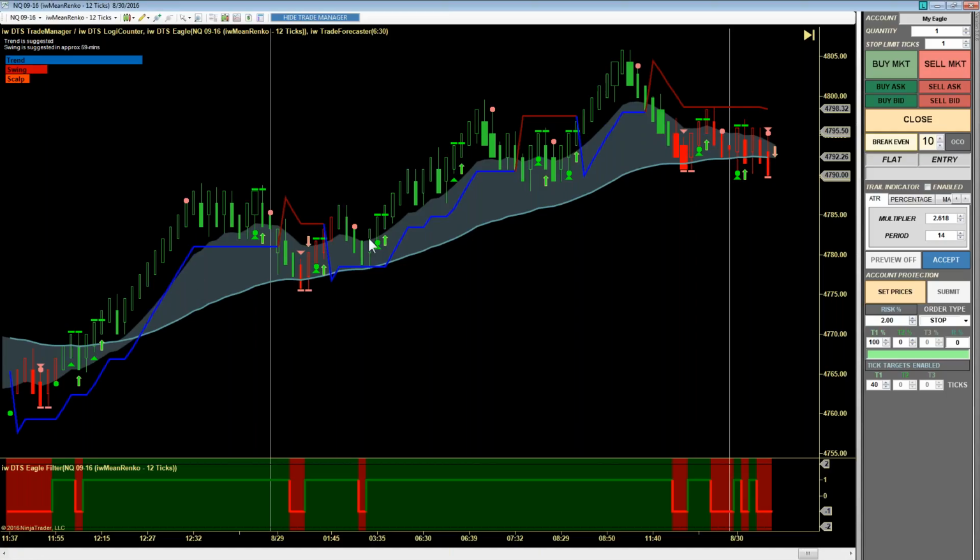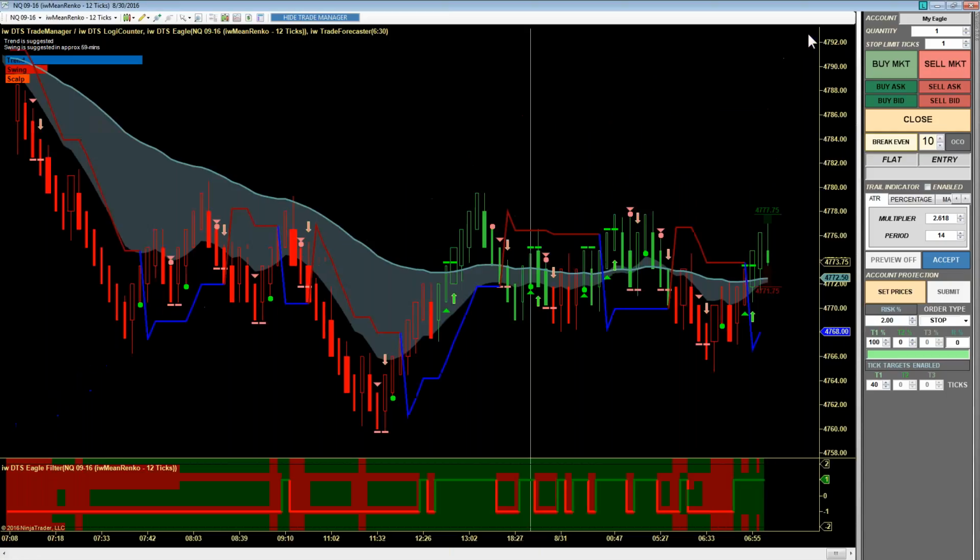But this band gives us our directionality, and then we look for actions to the hard edge of the trading band. This signal that you see right here, this red bar with a buy signal, that's actually one of our high probability signals here on the Eagle. You can see that had some pretty decent follow through.